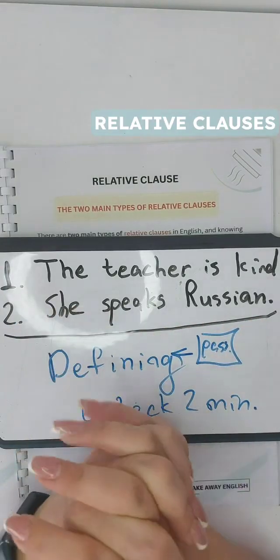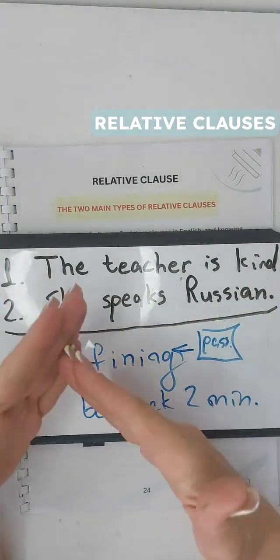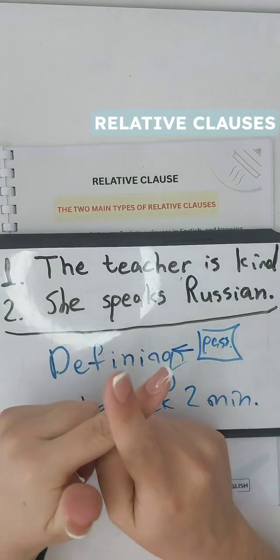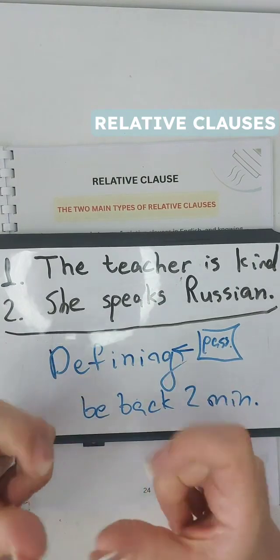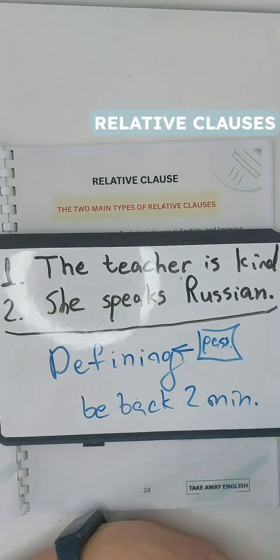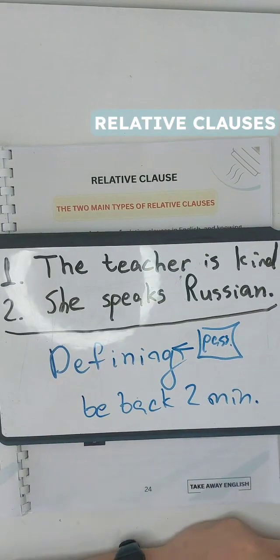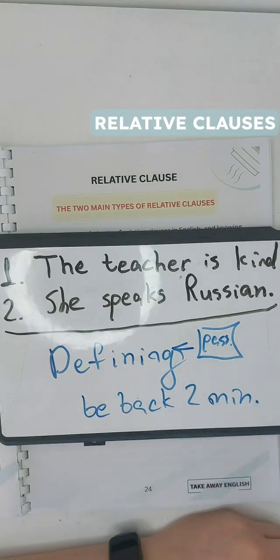Anyone, guys? Can someone tell me, combine these two sentences into one longer sentence using a defining relative clause? Anyone? The teacher is kind. She speaks Russian.